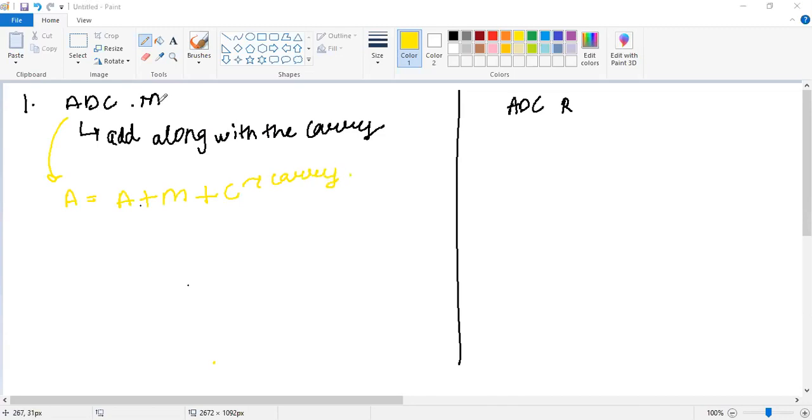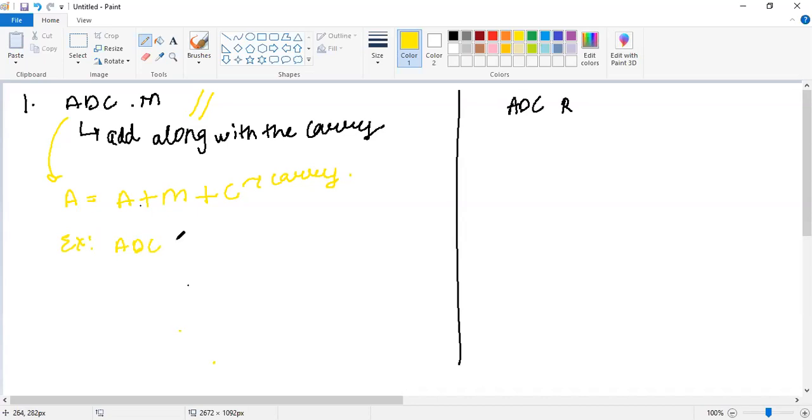Now, can anyone let me know which addressing mode this instruction comes under? ADC M. You have to answer this one.